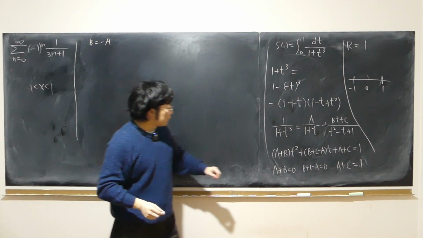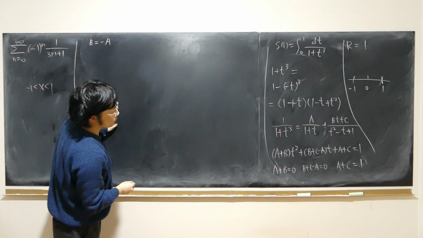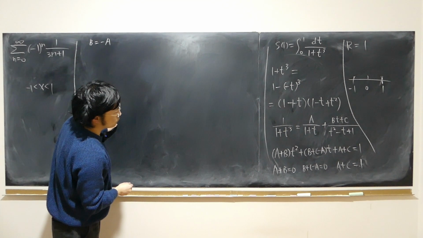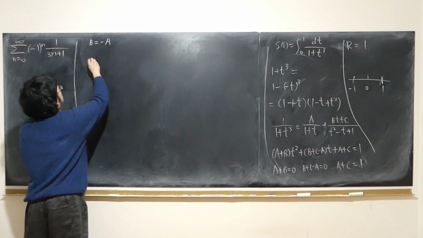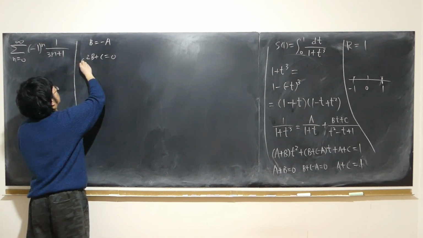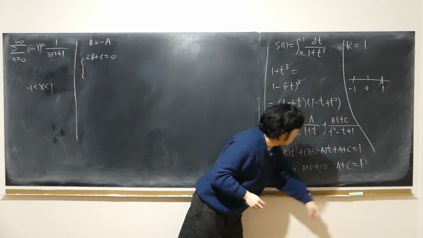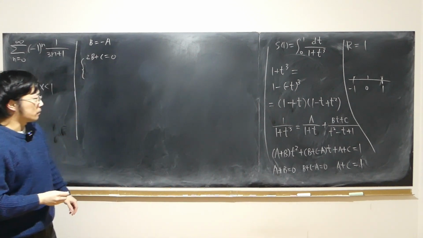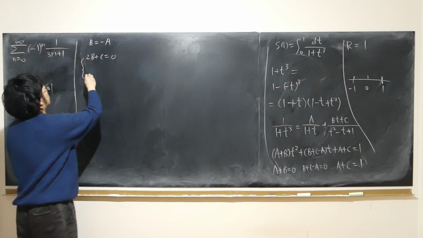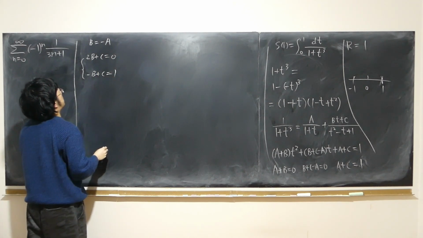Using this and that, now we have b plus c plus b, 2b plus c equals 0. This expression gives us minus b plus c equals 1.